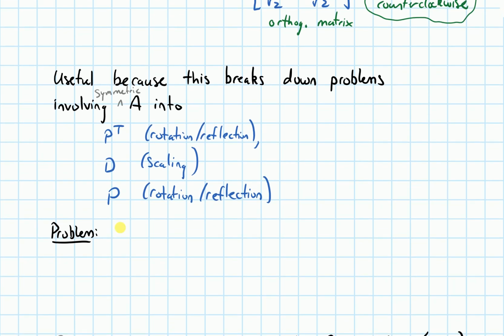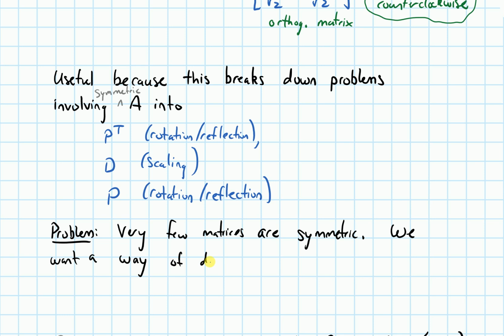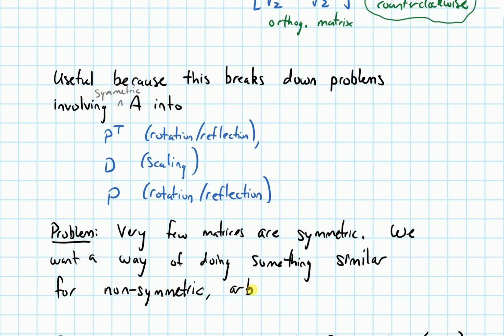Very few matrices are symmetric. So ideally, we want a way of doing something similar, decomposing A into a nice form like this, for non-symmetric, arbitrary matrices.